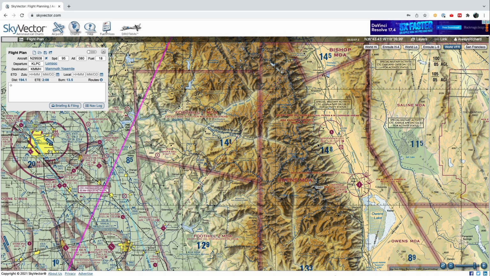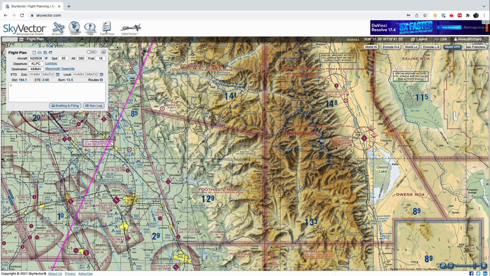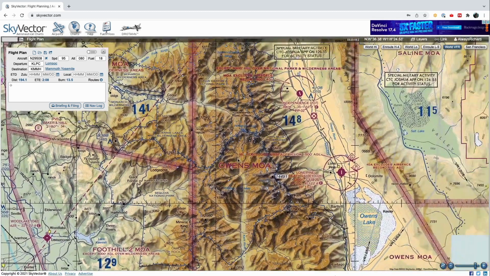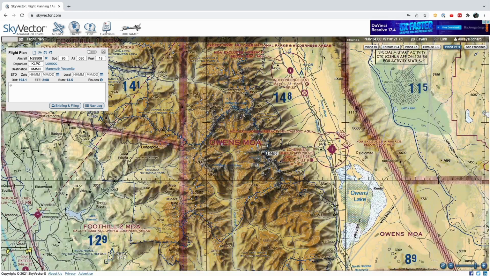We have 3,908 feet for this one here. Where'd it go? 3,710 feet.